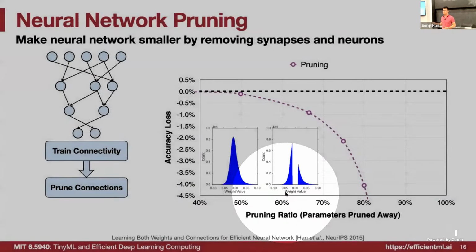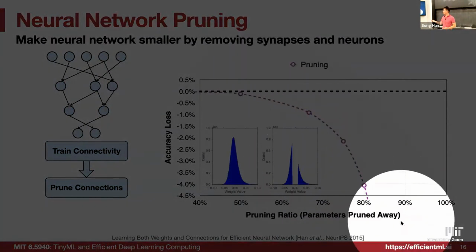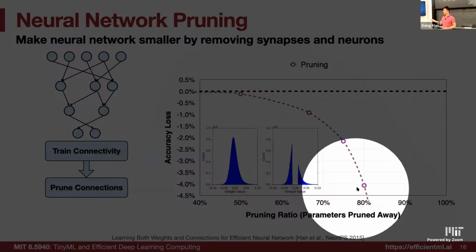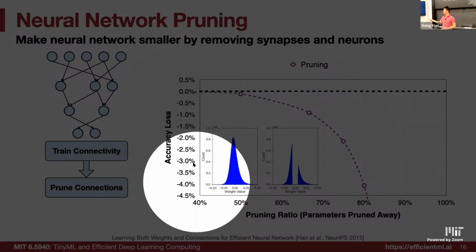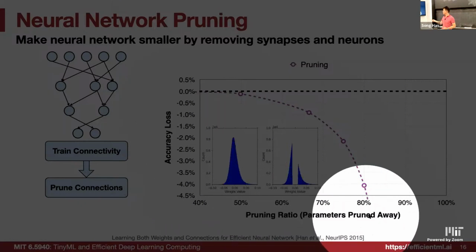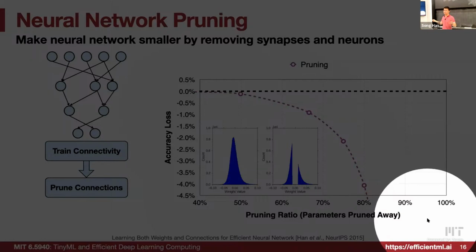The small values disappeared. And you can see the more we prune, the lower the accuracy. The y-axis is the accuracy loss. The x-axis is the pruning ratio. On the right-hand side, you prune away all the parameters, so you can expect the accuracy will drop to 0.